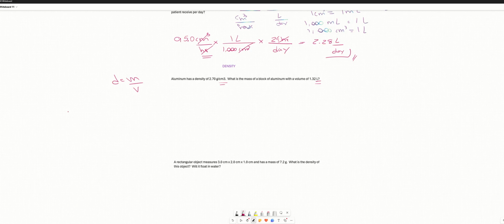But we have liters over here, and here we have cubic centimeters. So I need to convert. I know that 1 cubic centimeter is equal to 1 milliliter, so 1000 cubic centimeters is equal to 1 liter. So if I have 1.32 liters and I want to convert to cubic centimeters, I'm going to use 1000 cubic centimeters for 1 liter.